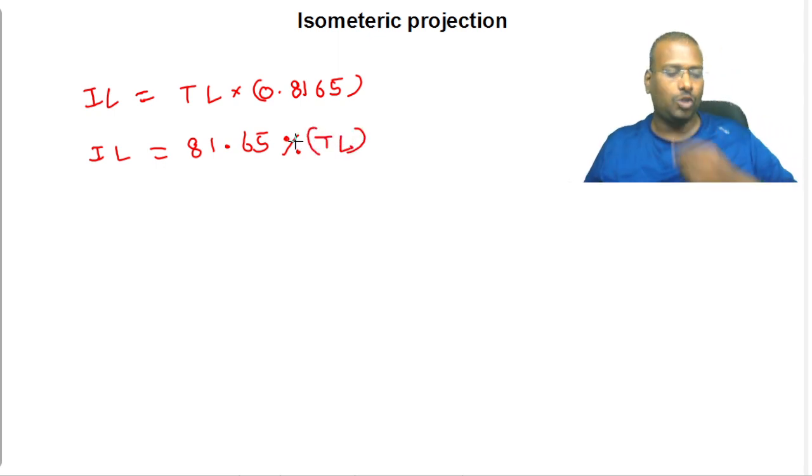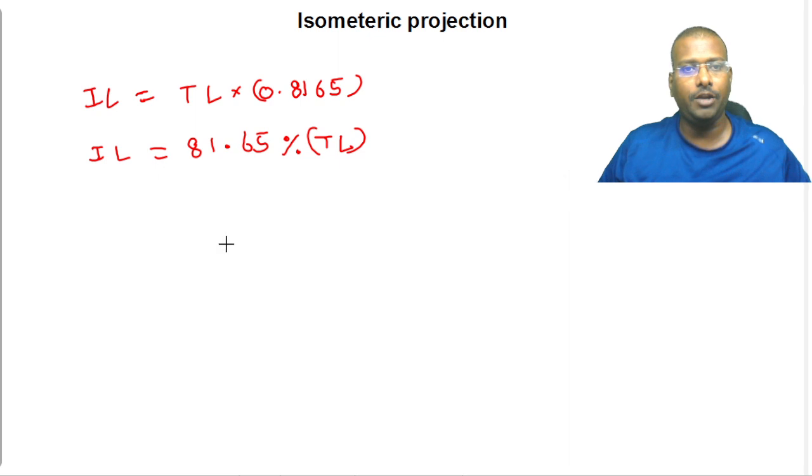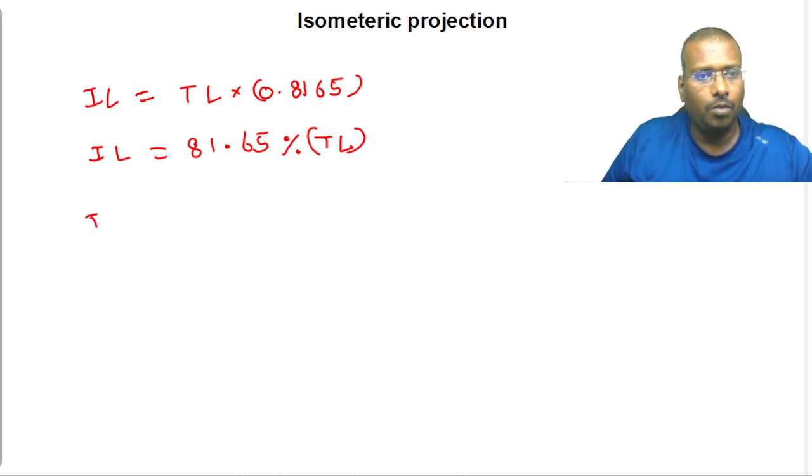Therefore how much is the reduction, sir? How much value are we going to get? So isometric length is reduced by how much?